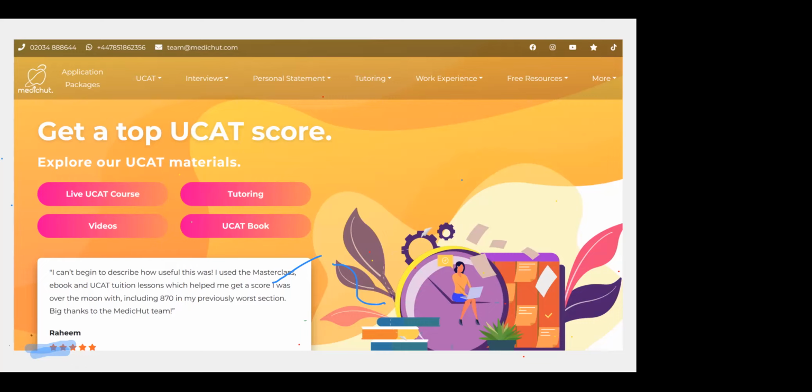Another thing about the UCAT, which I don't think I mentioned, is that most people sit different exams. As opposed to the BMAT, where everyone sat it on the same day and had the same set of questions, the UCAT is a little bit different. They have a few sets of the UCAT exam, and if you sit it at 10 a.m. on a Monday, you might get a different set of questions than someone who sits at 11 a.m. on a Monday, if that makes sense.